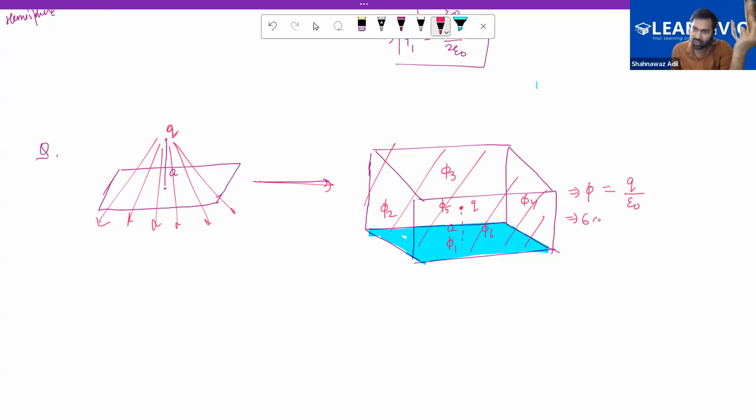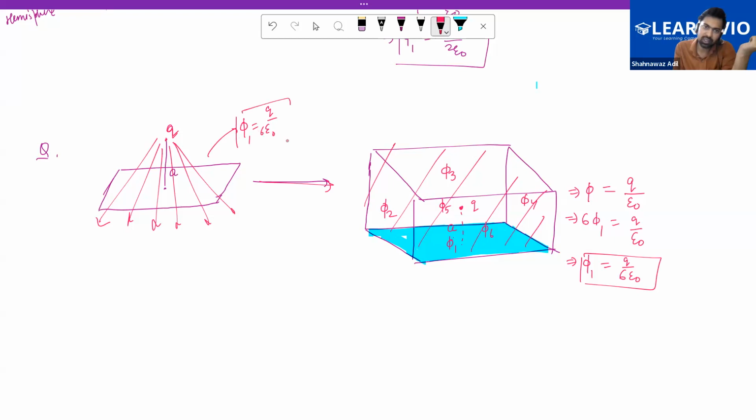So 6 phi 1 is Q by epsilon naught, and this phi 1 would be Q by 6 epsilon naught. So the flux through this sheet would be Q by 6 epsilon naught. Is it clear? So the idea is to make a closed surface. That is the only idea we have to think about.